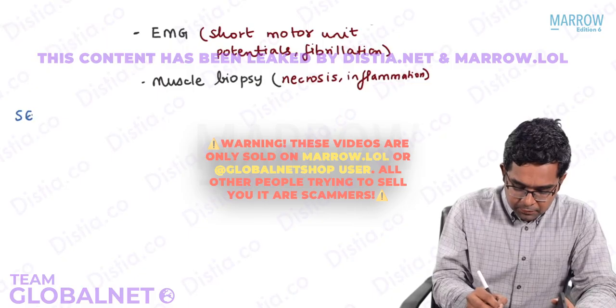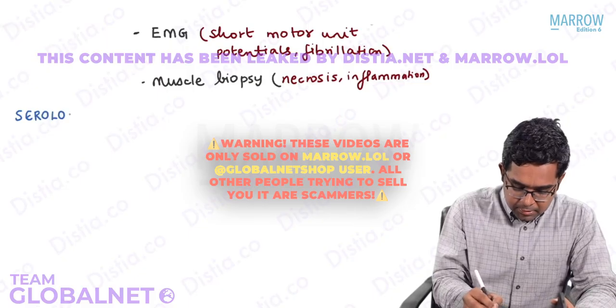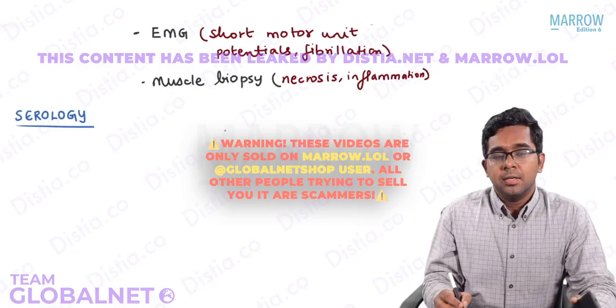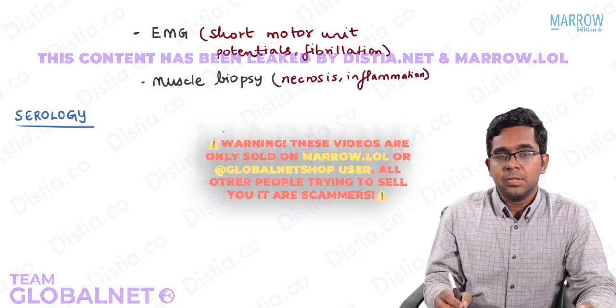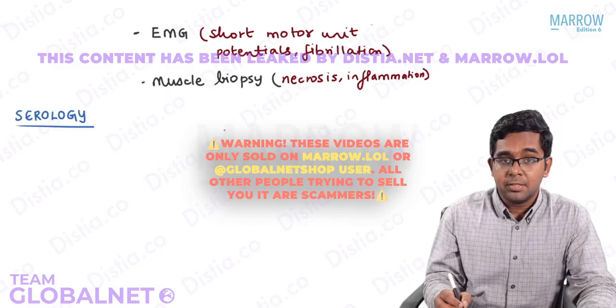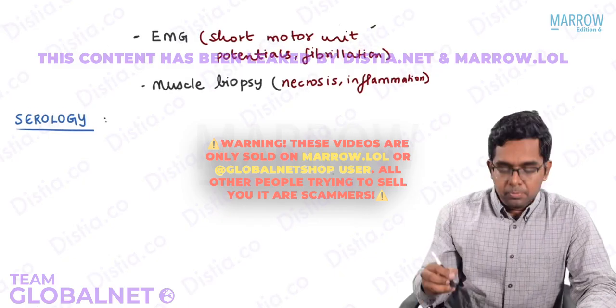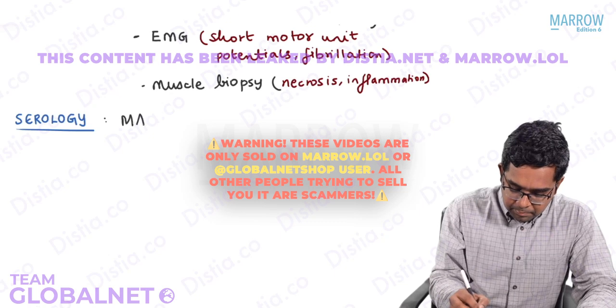Some additional things which can be asked as one-liners in your exam includes the serology findings. Okay. Now most of the rheumatological disorders we keep looking for some antibodies. Okay, and that is what exactly I am going to write under serology. One group of antibody is what we call it as MAA. What is that?